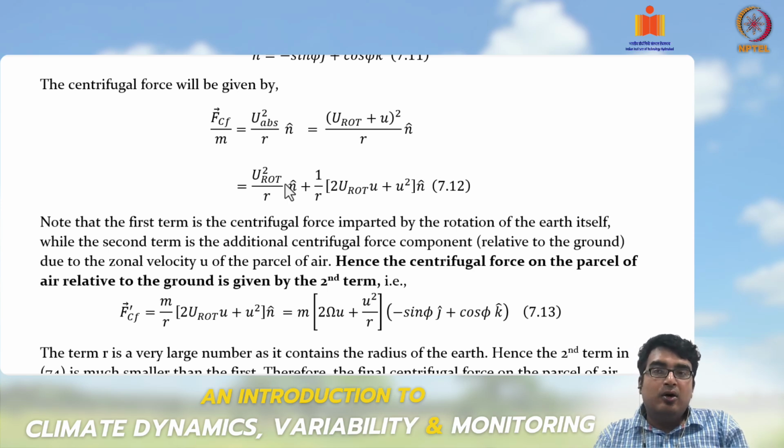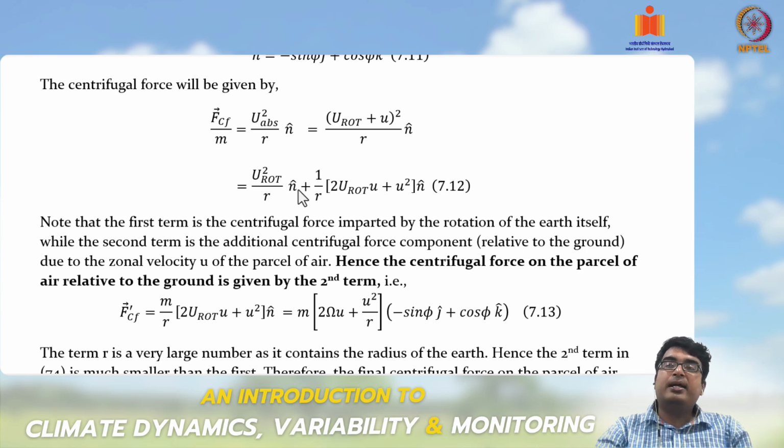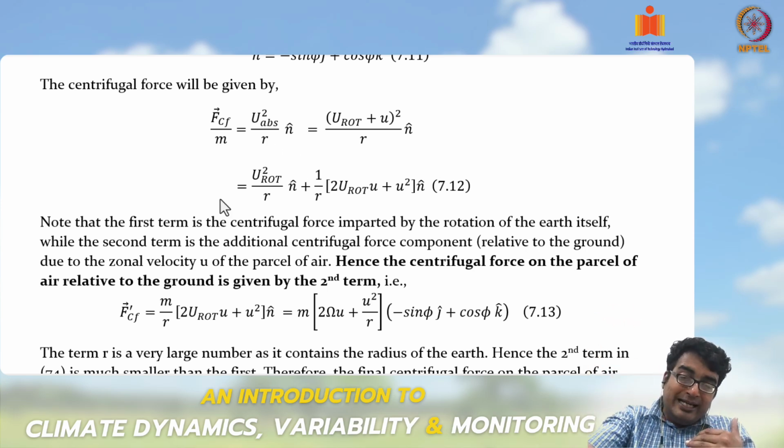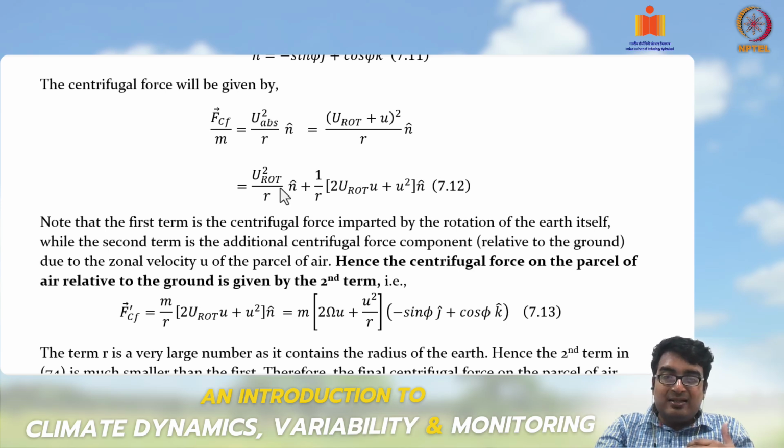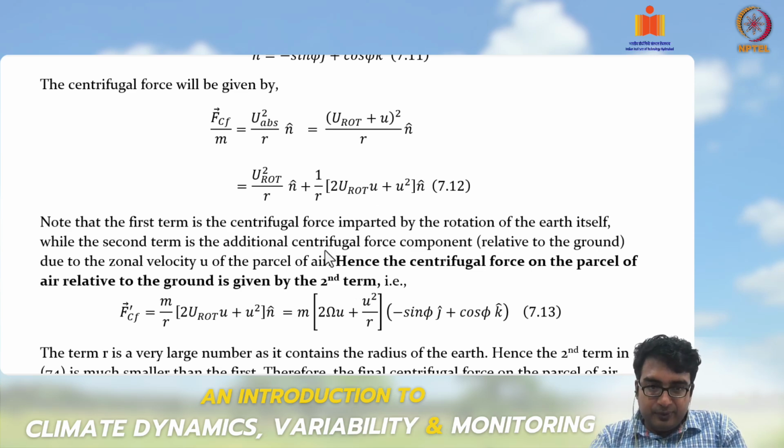This is what is also being suffered by the ground. So both the ground and the parcel of air have a centrifugal force term of this term, u rotation square by r n hat. So centrifugal force relative to the ground is the total minus the first term. And this is due to the zonal velocity that this wind may have.